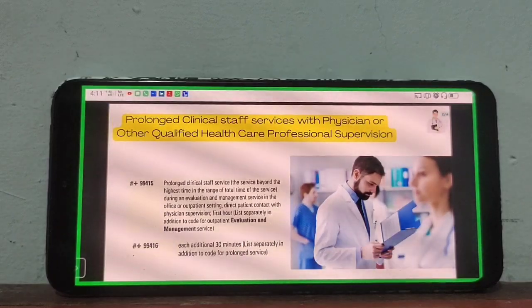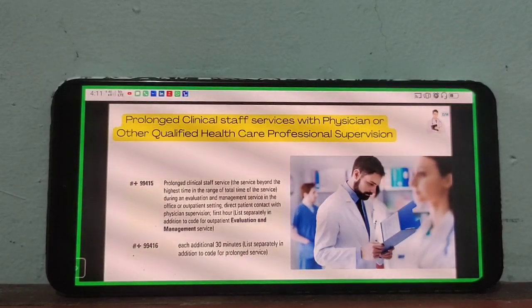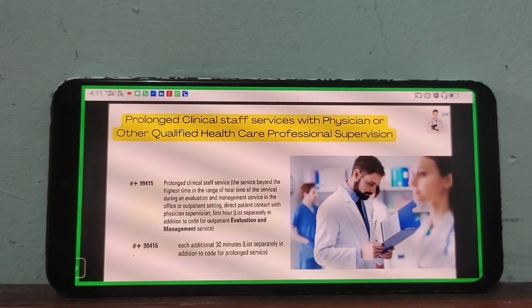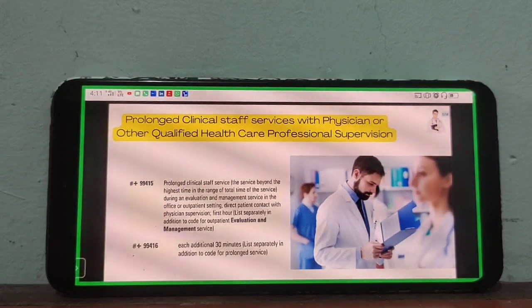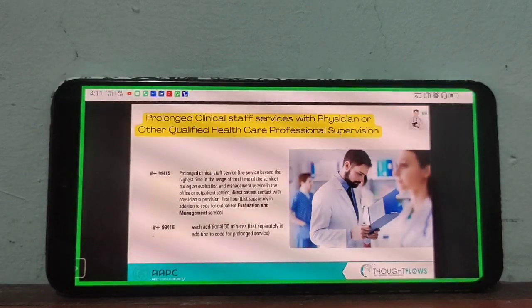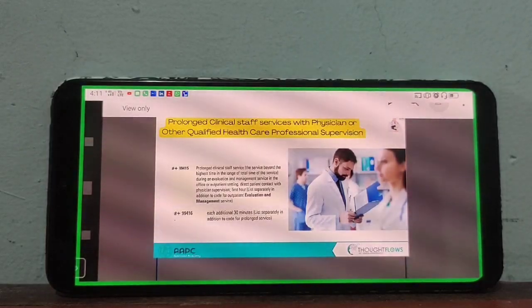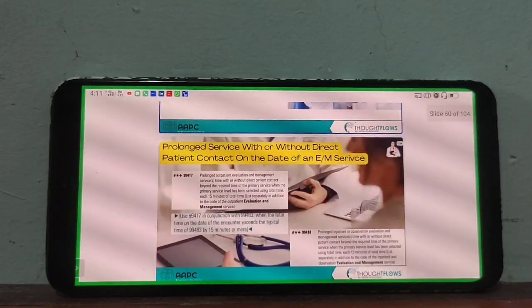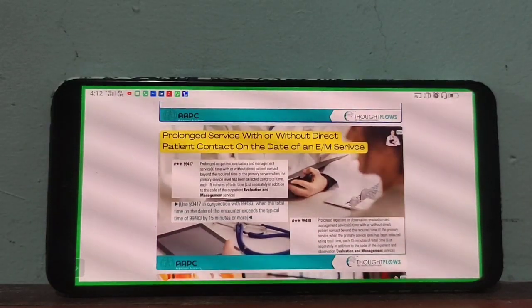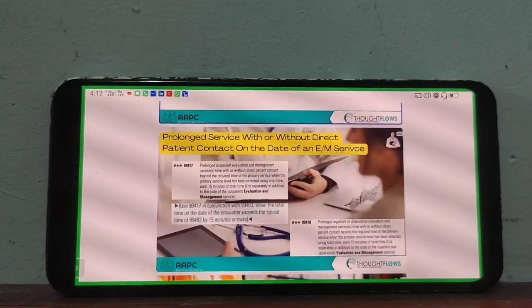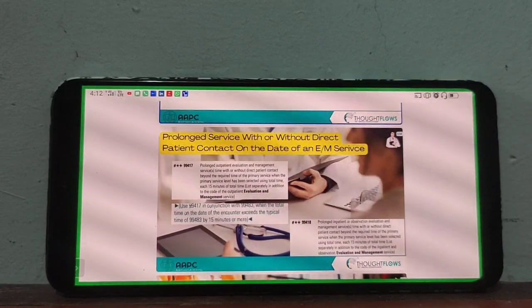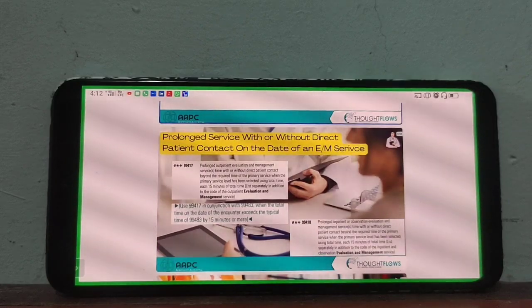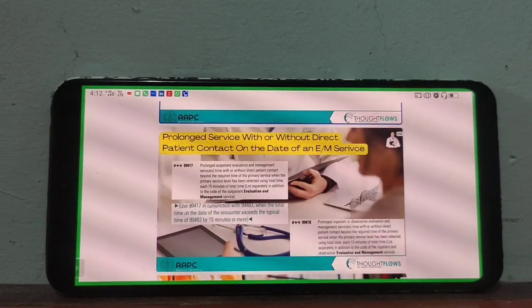Did you understand these 2 prolonged service codes? Okay. So we already discussed that 417 is for OP prolonged service and 418 for IP prolonged service. That's it. Each code should be reported for each additional 15 minutes.